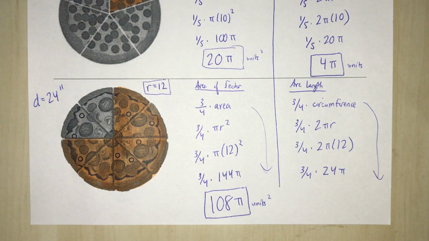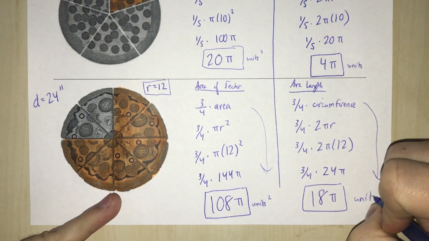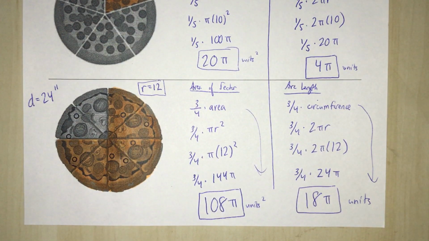And again, I'm self-conscious, so I want to make sure I'm doing this right. This would be 18 pi units. Okay, and there we have it. That is the majority of what we're doing, is kind of assessing the situation and going from there in terms of what we want to do. So hopefully you were able to get those same answers and life is good.